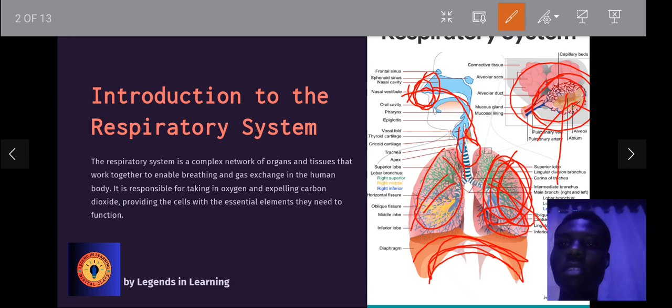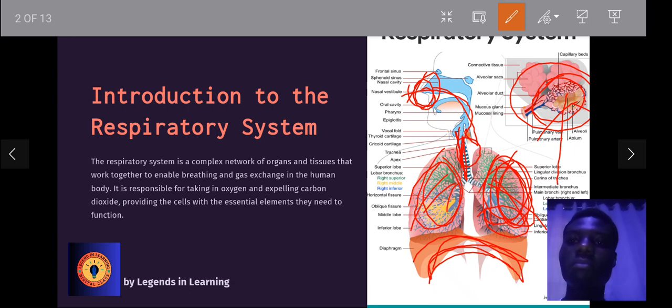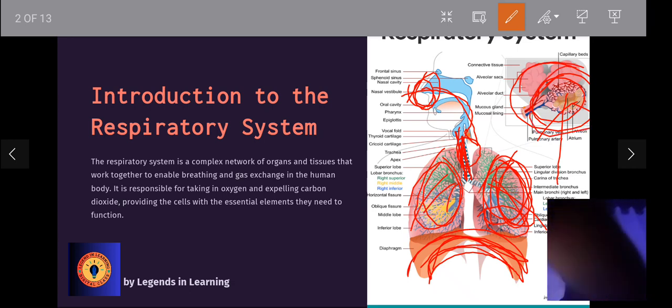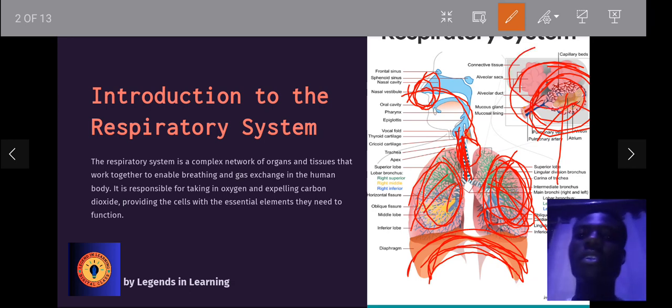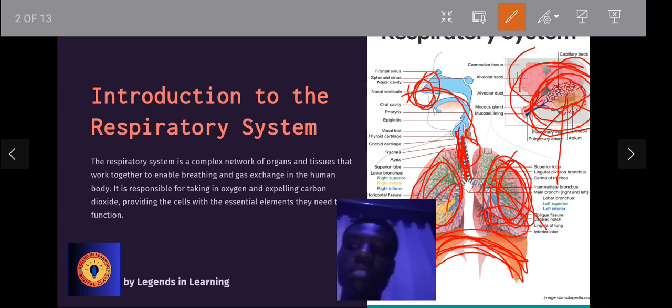Coming down, we have the trachea. These are the lungs. This is the bronchio, the diaphragm, and then when we zoom in, we have the alveoli over here. Okay, so let's move on real quick.